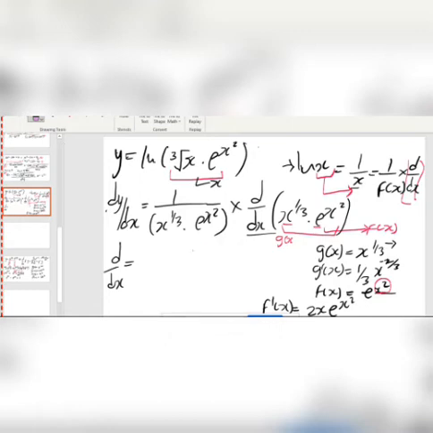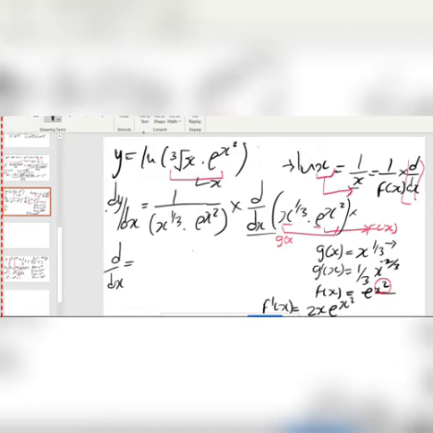Sharp, not a problem. So you just go back, guys, to your thing. We are finding d over dx here. As you can see, guys, please don't get lost. This d over dx is a product rule. So you just go to your formula sheet for the product rule.